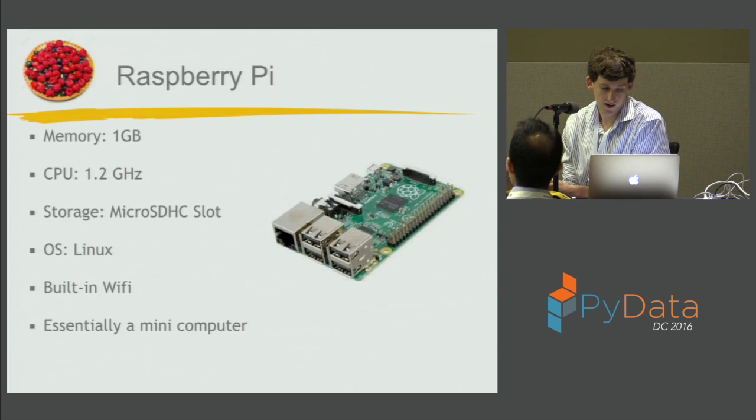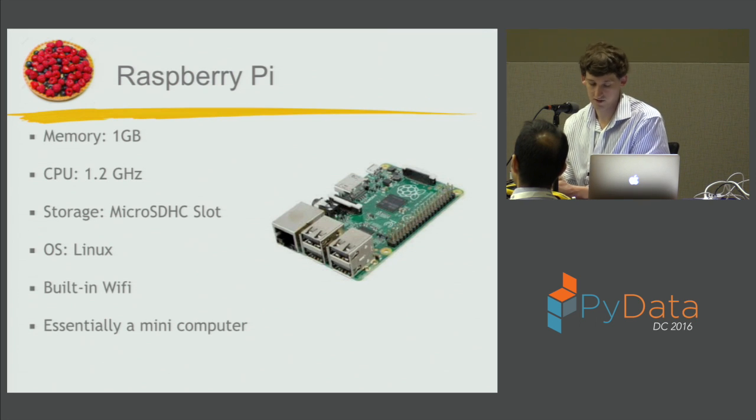It has a micro SD storage slot, so I put a 64 gigabyte drive in mine. It runs Raspbian Linux, which is, I'm not sure which distro it's closest to, but yeah, it's Linux. It has built-in Wi-Fi, or at least the Raspberry Pi 3, the third generation, has built-in Wi-Fi, and it's essentially a mini computer.